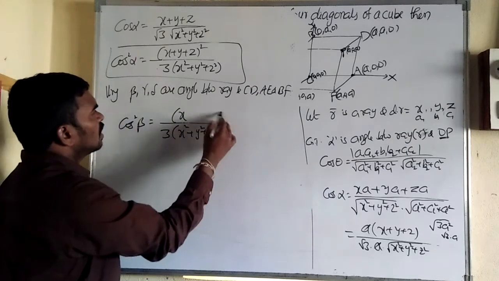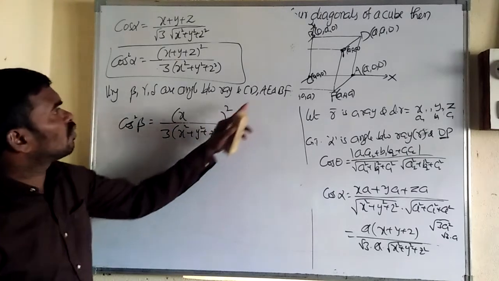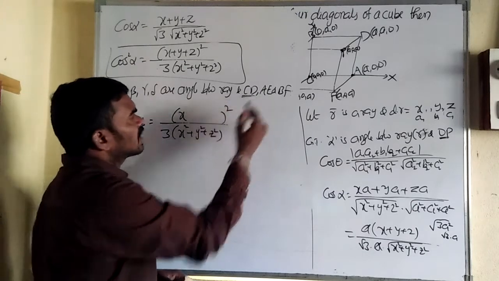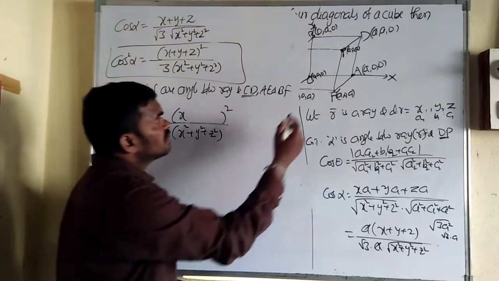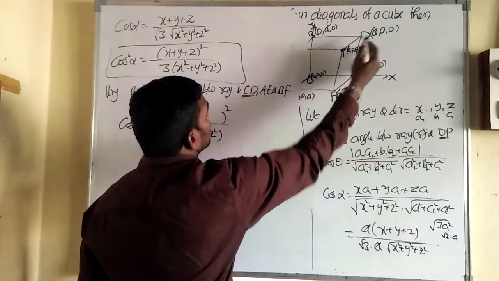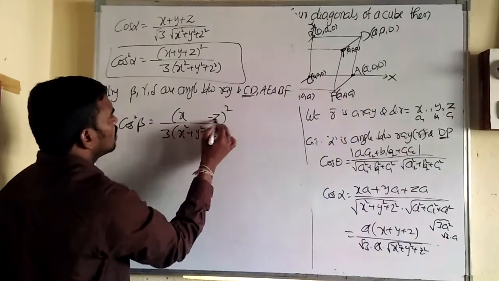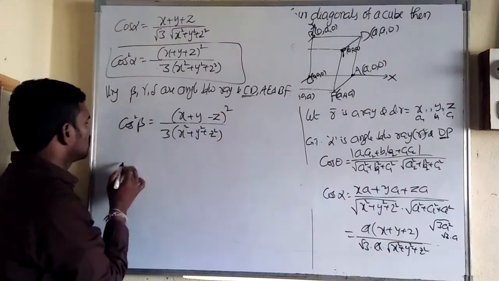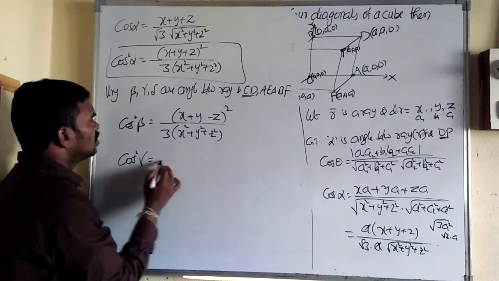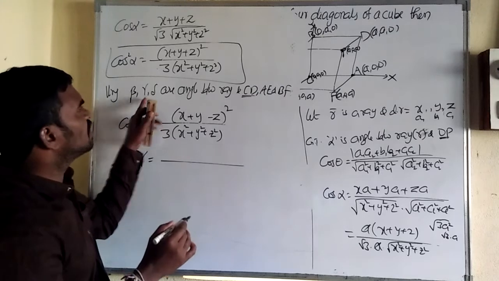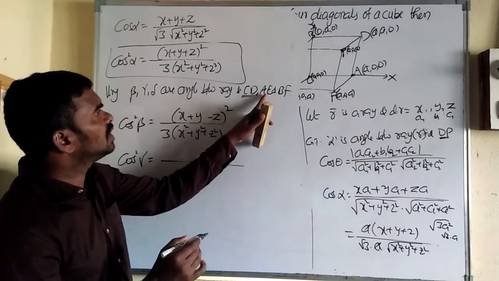But in the numerator, what is CD? In diagonal CD, what are the direction ratios? a minus 0, a minus 0, 0 minus a, meaning minus z. Next, similarly, cos square gamma is between the ray and AE.